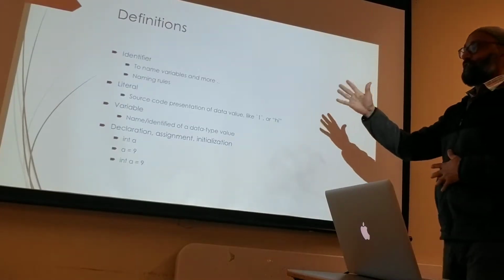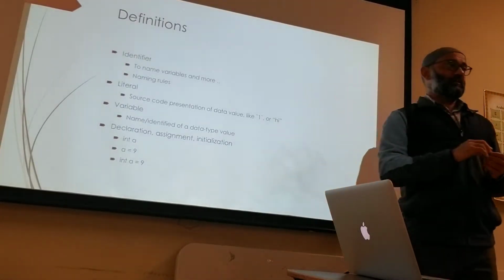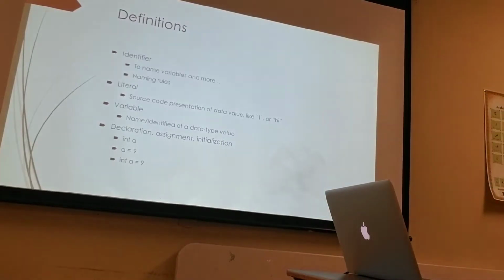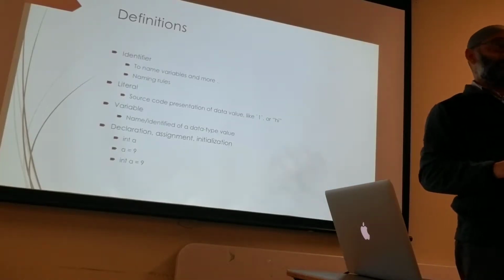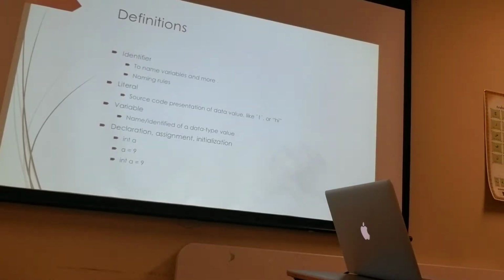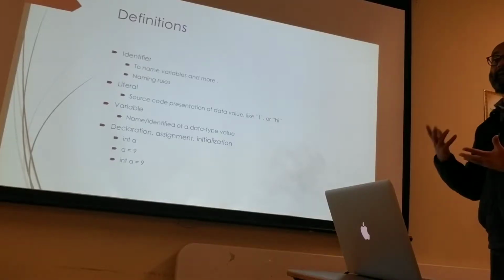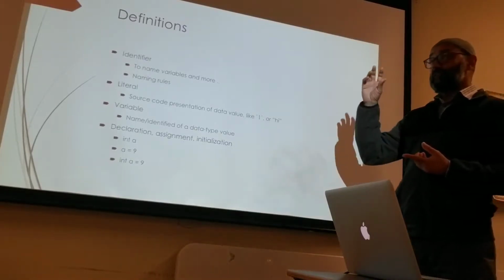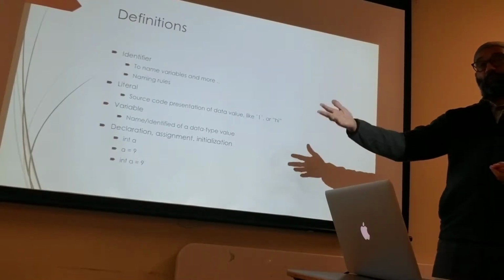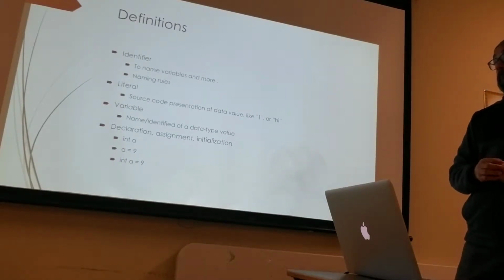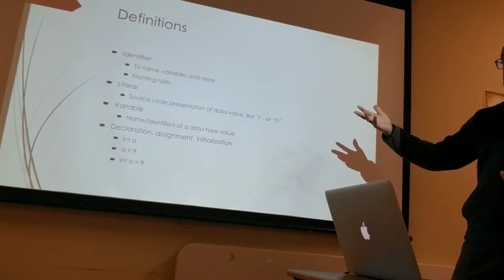Now, there are a few things that I want to discuss, which are some of the concepts and definitions. There's a concept in all programming languages called an identifier. This is a very basic concept, so not a lot of people will directly use the term when they are talking about a program.